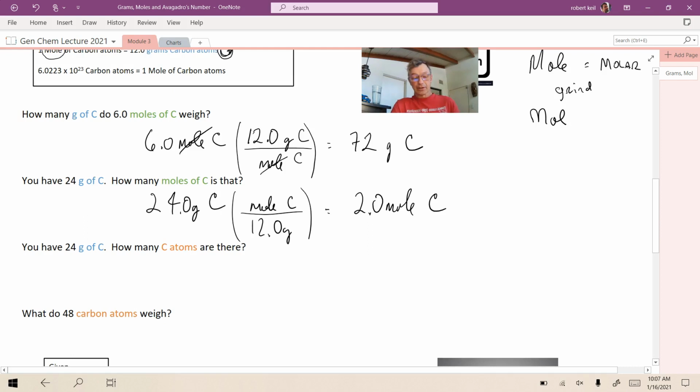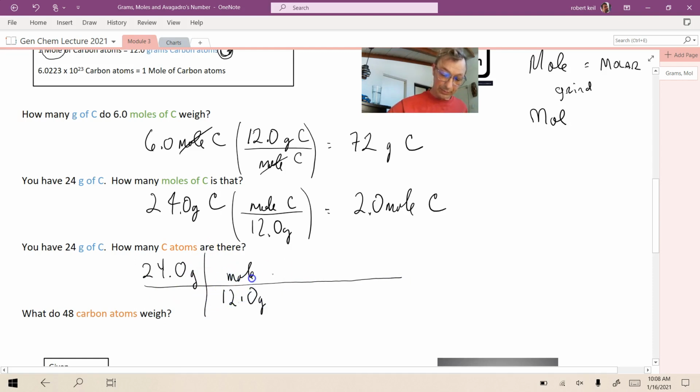Okay, so this next one, how many atoms are there in 24 grams of carbon? Now, first of all, before I do this, the number's always going to have to be a big number because atoms are really tiny. So if I said 24 grams and for some reason you end up with a number smaller than 1, it usually means you flipped the exponents in the wrong place. And that happens all the time, but be careful of that. Okay. So there's 12 grams per mole.